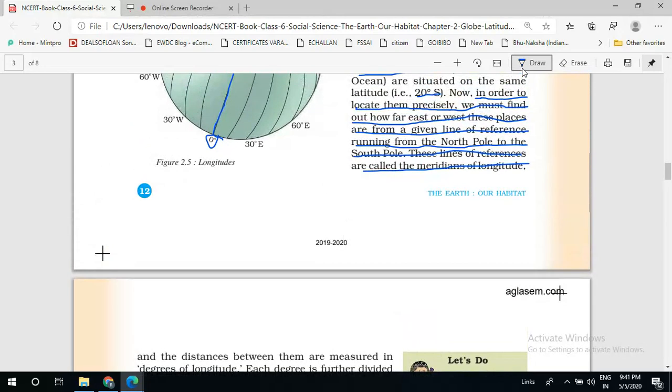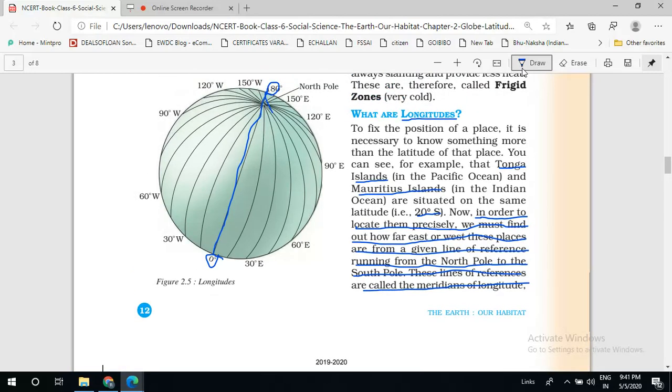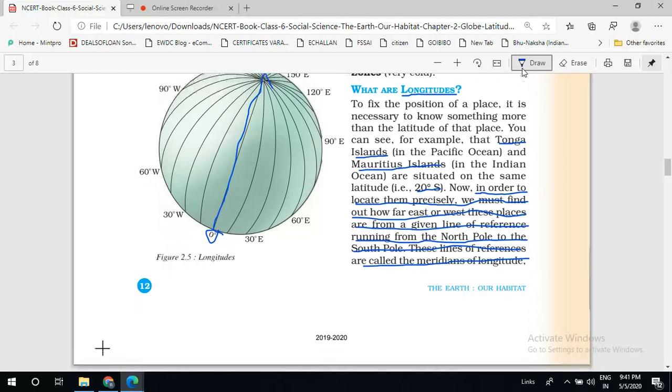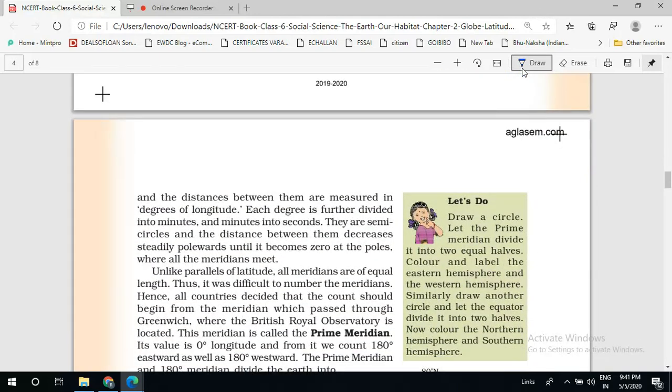And the distance between these two is measured in degree. How do we measure the longitude? It is measured in degree. Each degree is further divided into minutes and minutes into seconds. They are semicircles and distance between them decreases steadily towards the pole until it becomes zero at the poles where all meridians meet.